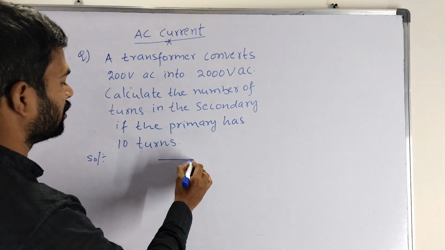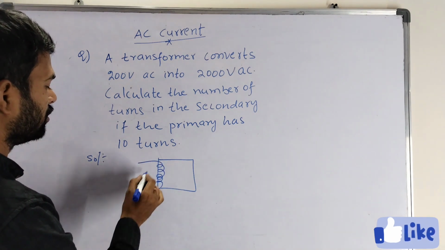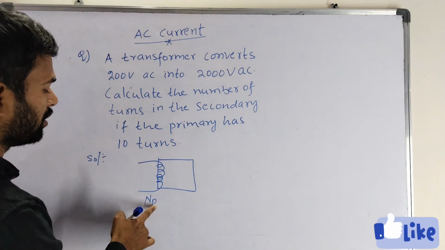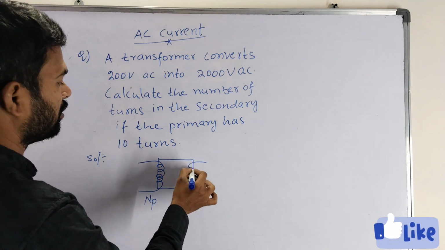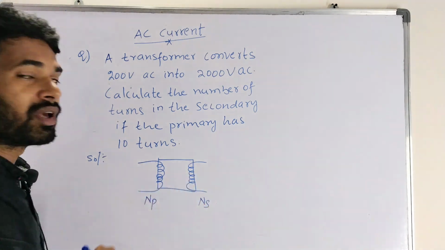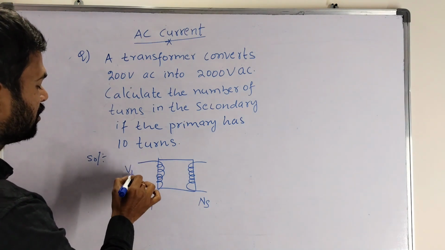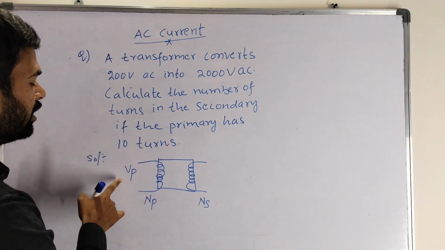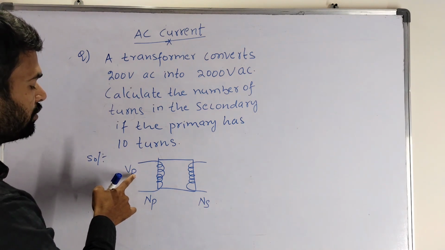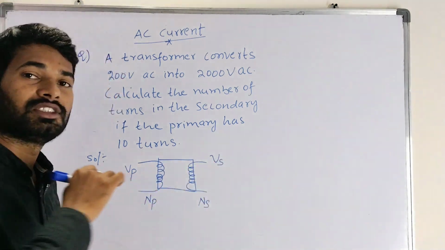See, if this is a transformer, these are primary turns, Np, the number of turns in the primary coil, Ns, the number of turns in the secondary coil. Vp is the potential difference, or EMF, of the primary coil, Vs is the potential difference of the secondary coil.